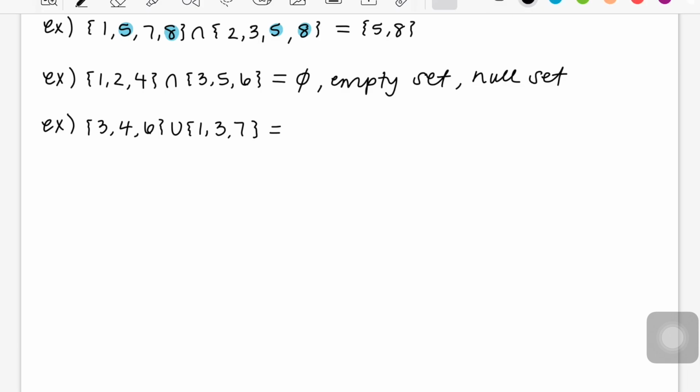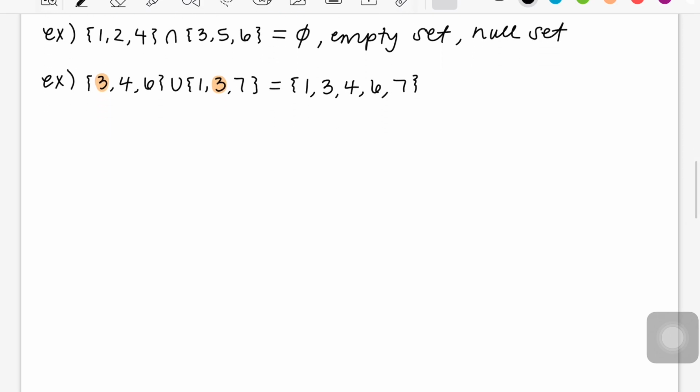So as you can see, this 1 here is an element of the second set, so we'll put that there. We also have a 3 in this set and a 3 in this set, so we're going to put our 3 there. And we don't want to repeat elements, so even though there's a 3 in both sets, we only want to write it once for our answer here. And then since we're writing it in increasing order, we're going to have our 4 and our 6 from our first set and our 7 from our second set. And that is the answer for this one.